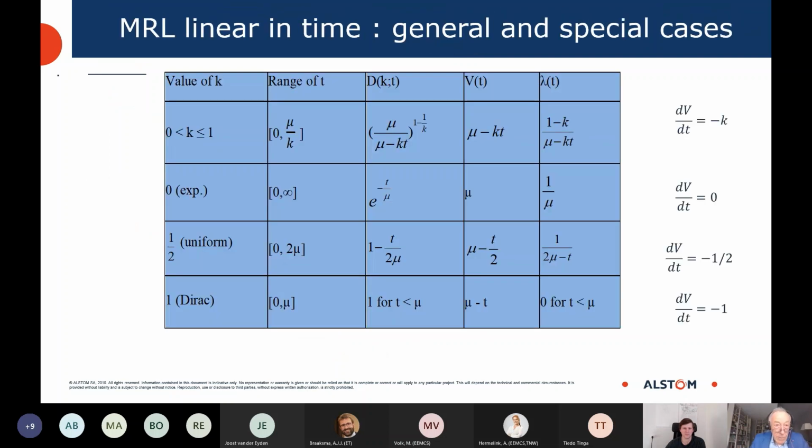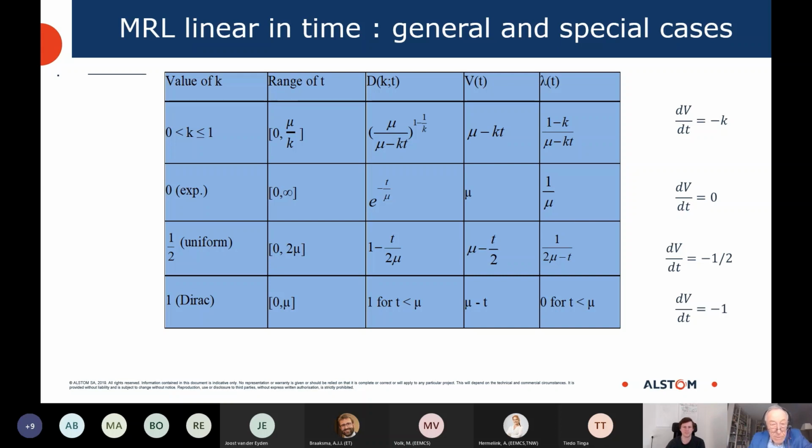So in general, we have this table which summarizes all the special cases in the general case. In the general case, this is the reliability function, the mean residual life, the failure rate, and the derivative of the MRL is minus k.